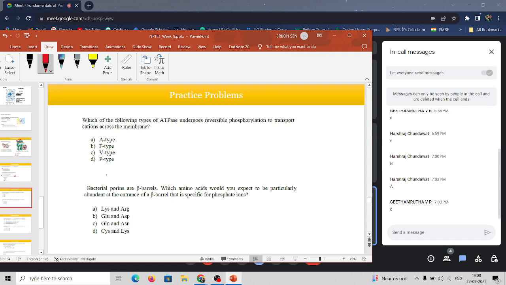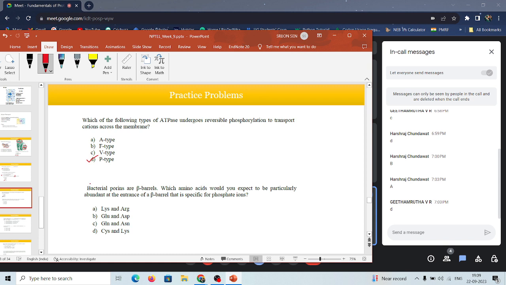And lastly, P ATPases are reversibly phosphorylated during the transport cycle of cations. So for reversible phosphorylation, you have the P type of ATPases.